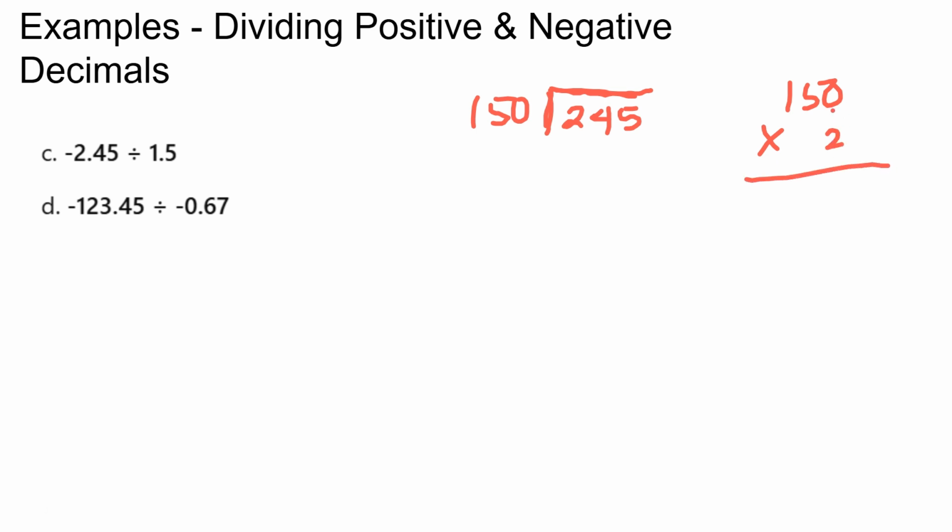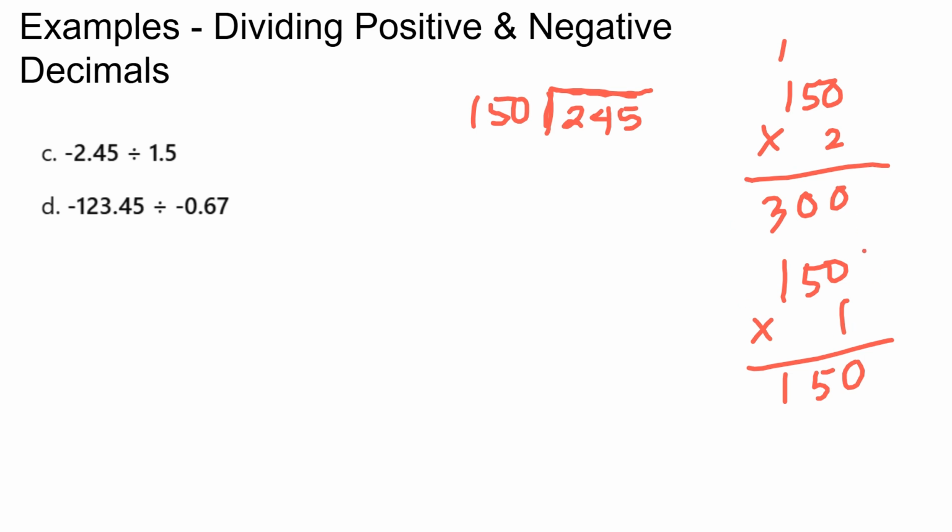That would be 0, carry 1. 5 times 2 is 10, carry 1. 2 times 1 is 2, plus 1 is 3, so we have 300. So 150 times 2 is 300. How about 150 times 1? Of course, that is 150.